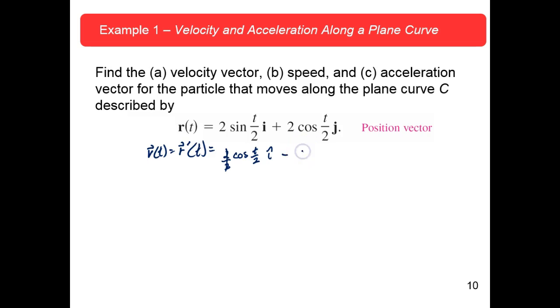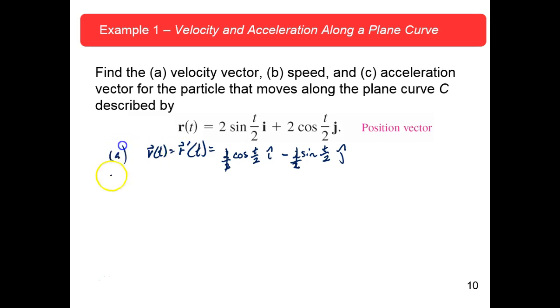Minus 2 sine t over 2 j, but you also have a chain rule with that one, so the 2's go out there too. So you have cosine t over 2 i minus sine t over 2 j. That's your velocity function. Okay?